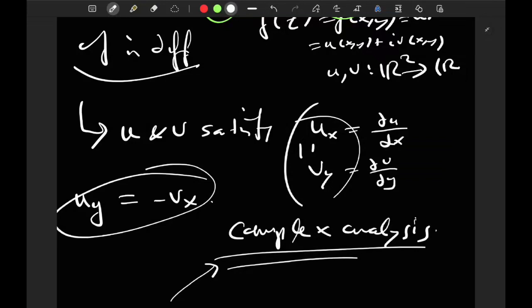Otherwise, this would have been just analysis on Rn, say, on a finite dimensional vector space. But since we are working on general non-vector spaces, the possibilities are much more, and the intricacies are much more as well, as we will see in the exercise sessions.